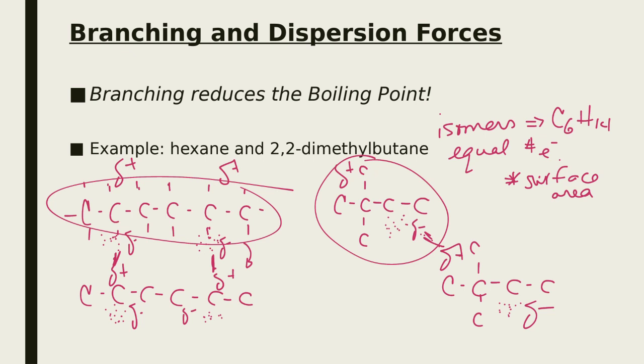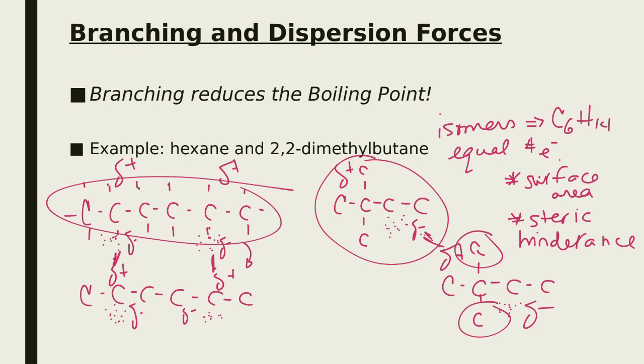When I have this surface area being changed, there's two things happening. So less points of contact, but I also have these branches in the way. So they're sticking out. And those branches actually cause a barrier to get these molecules as close together as possible. So this is something called steric hindrance that actually reduces the attraction between molecules, because you think of them like branches on a tree, right?